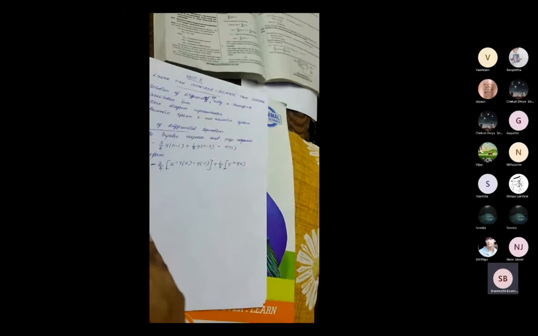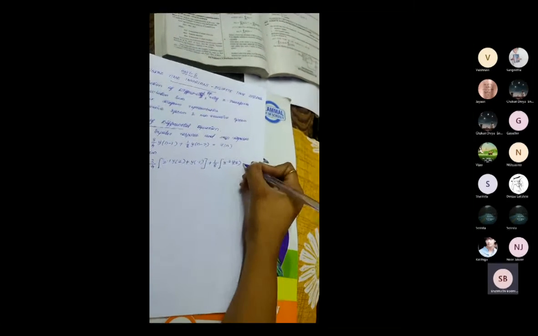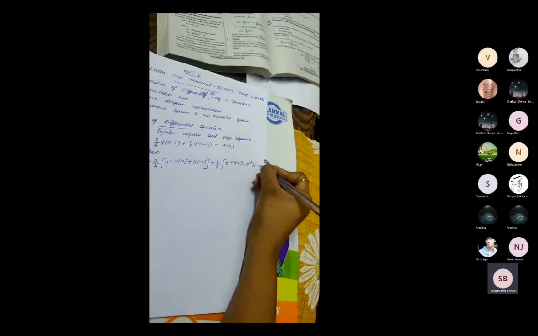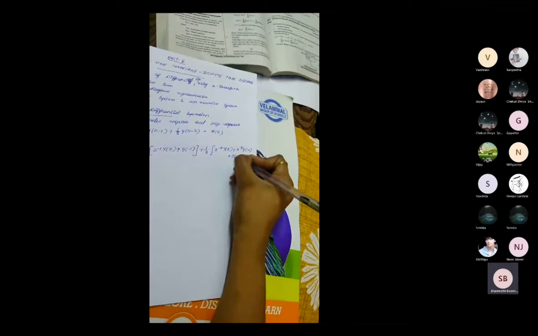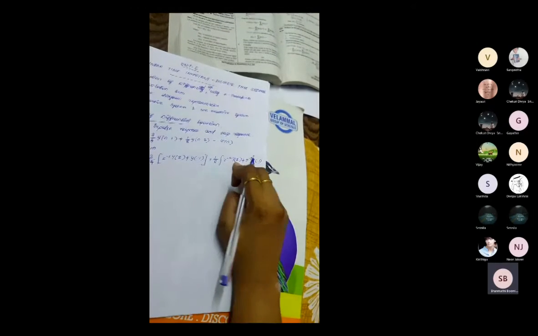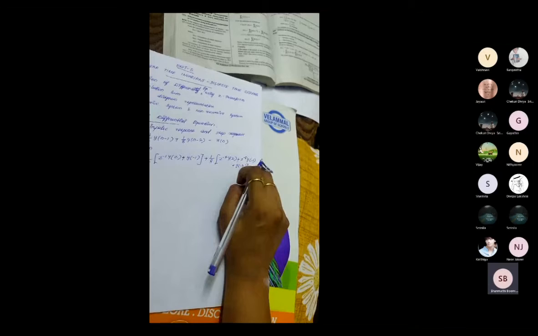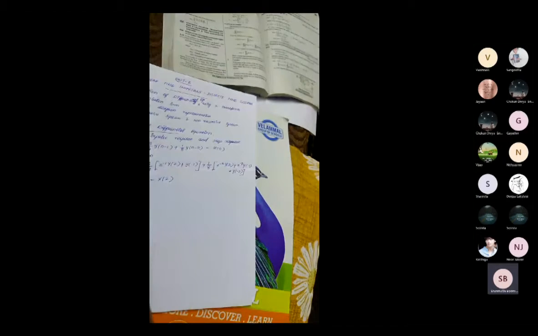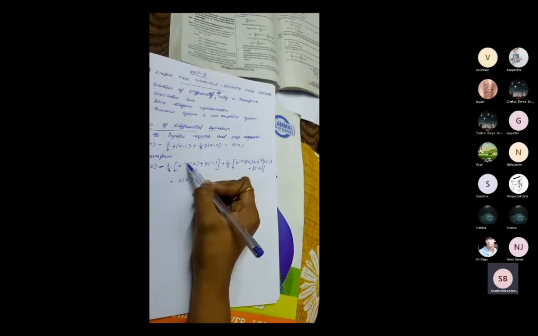And if you have any initial condition, you have to write it like this: plus z inverse of y of minus 1 plus y of minus 2, which will be equal to X of z. Like this you have to expand.